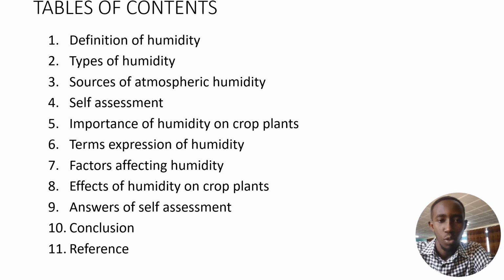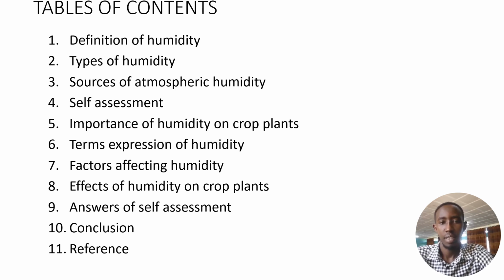First, I'm going to talk about the table of contents on humidity. First one is the definition of humidity. Second is types of humidity. Third is sources of humidity. Fourth is sources of atmospheric humidity, then self-assessments. Fifth is importance of humidity on crop plants.